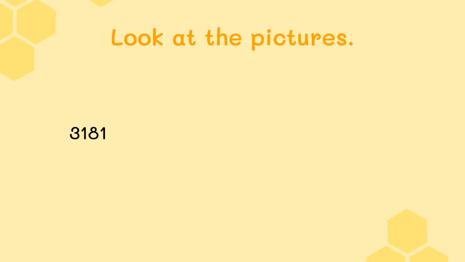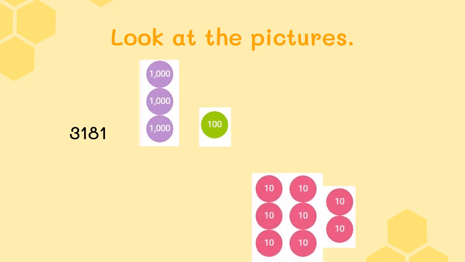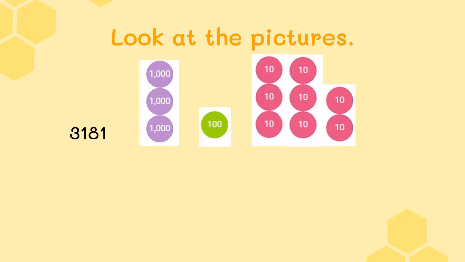3,181. So that means we have 3,100, 8 tens, and 1 one. And then 3,135.